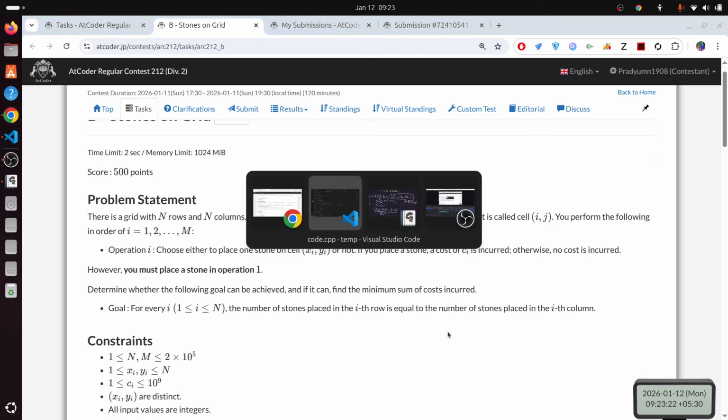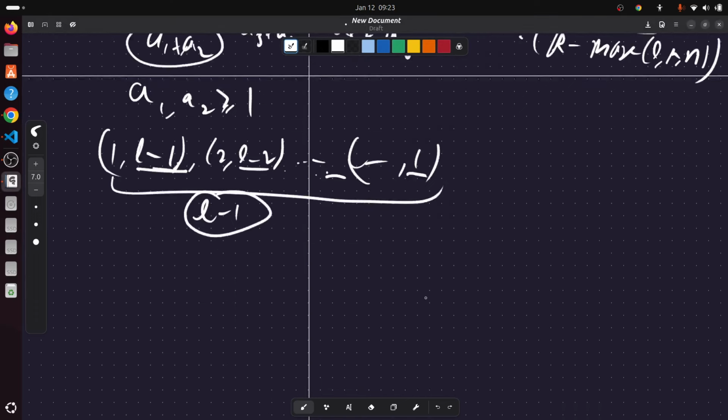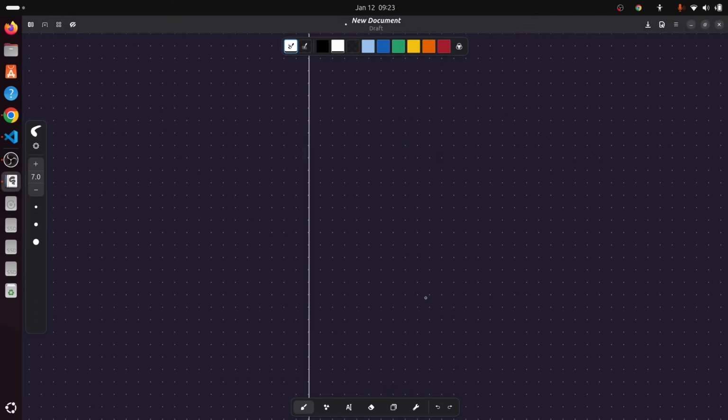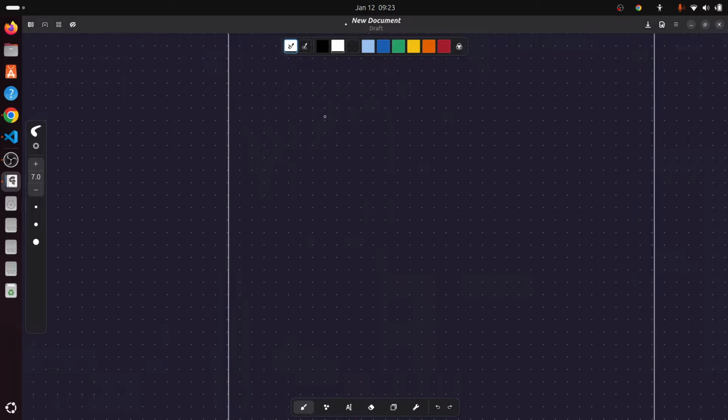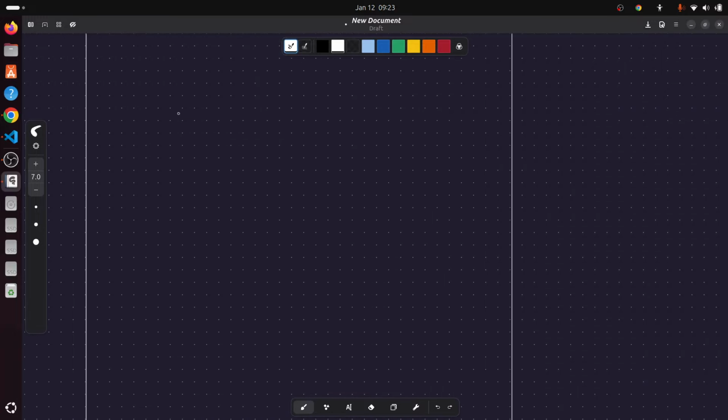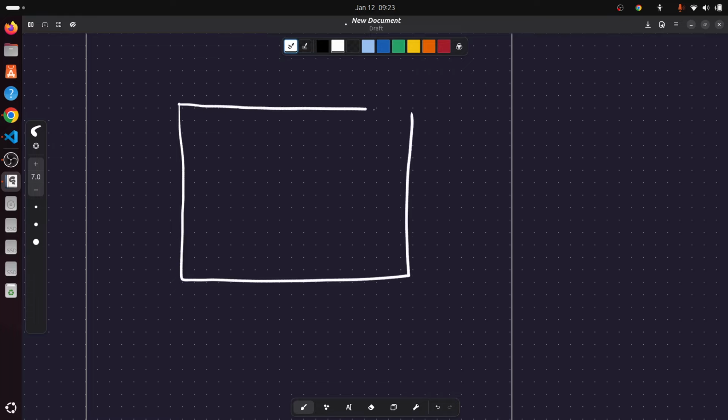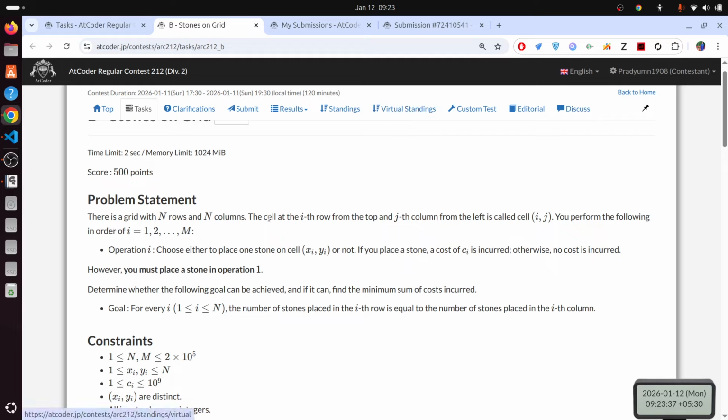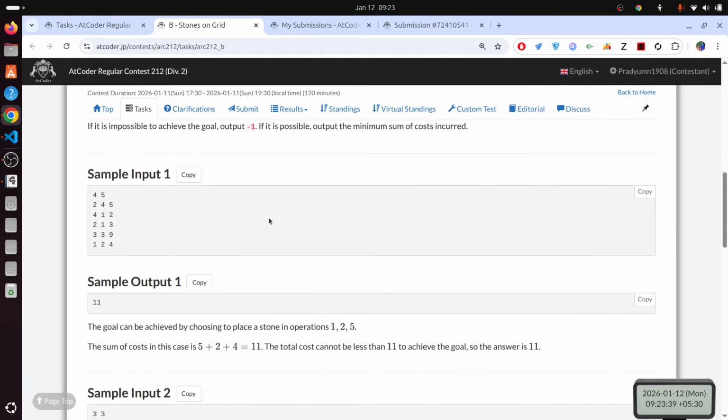Okay, so basically we have a grid which is of size n cross n. So it is a square grid, let's say 5 by 5, or let's say 4 by 4. Like I'll show this sample input 1.